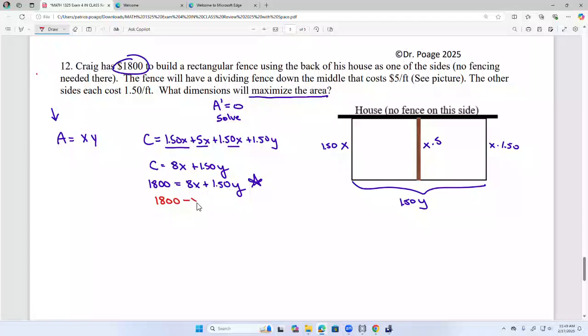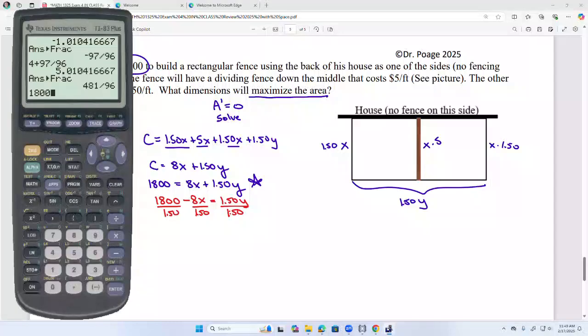So I'm going to subtract 8x over, and then divide everything by $1.50. 1,800 divided by 1.5 is 1,200, and negative 8 divided by 1.5 is not pretty. Math frac, negative 16 over 3.